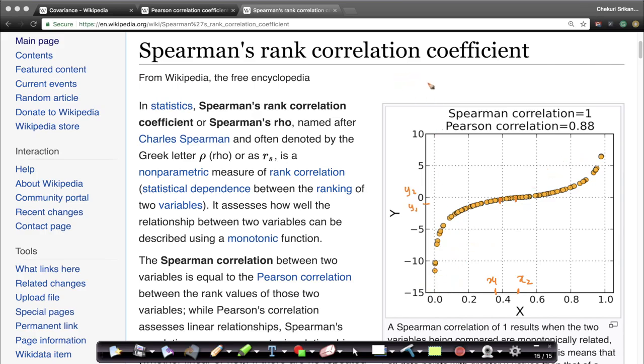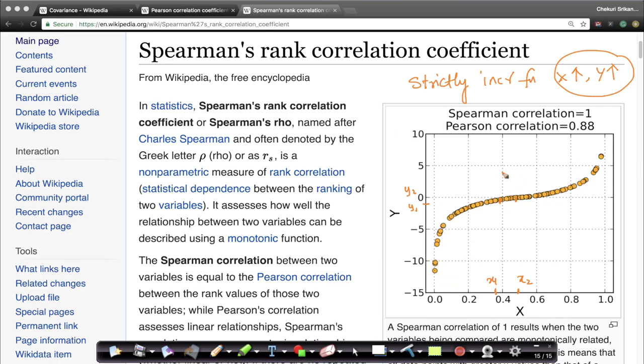Suppose you have a strictly increasing function, right? If you have a strictly or monotonically increasing function, which means as x increases, y strictly increases. The relationship could be linear or non-linear, I don't care. So for example, this is a strictly non-decreasing function or almost a strictly increasing function, right?